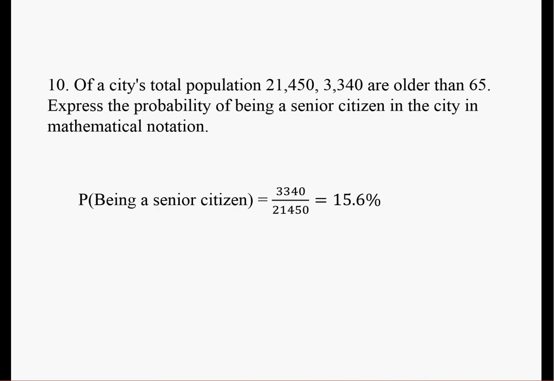Alternatively, you can make a slightly different statement: probability of being older than 65. So depending upon your personal preference for the same probability statement, you may come up with slightly different expressions.